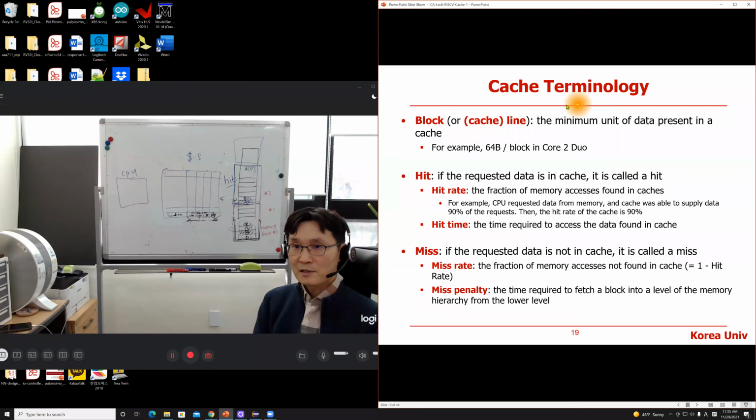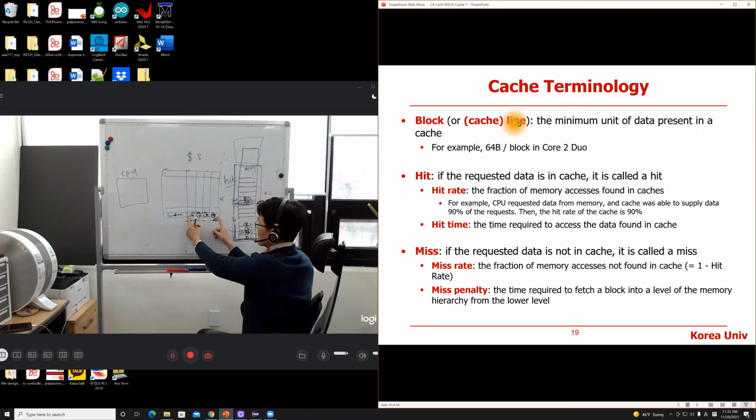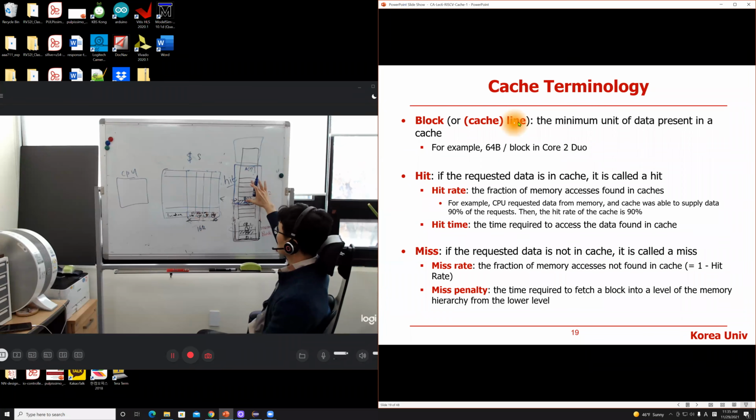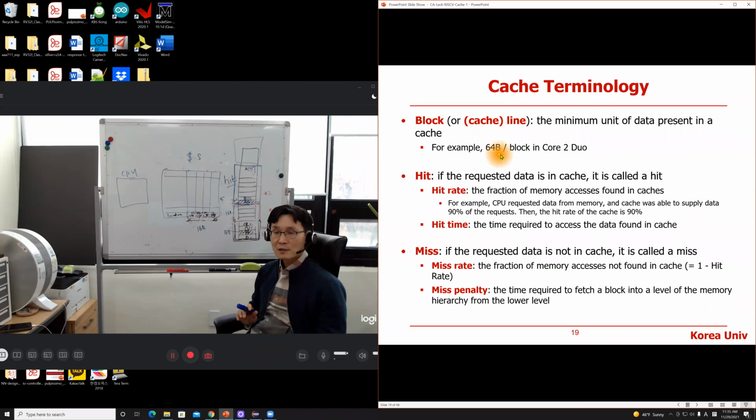Some terminologies first. I already explained to you about block, memory block, or cache line, right? The cache line size, in this case, is 16 bytes. If the cache line size is 16 bytes, then main memory will be logically divided into 16-byte chunks, 16 byte, 16 byte, 16 byte, and so on. And a real machine example: Intel CPU, not only Core Duo, but the CPU you are using, Core i7.